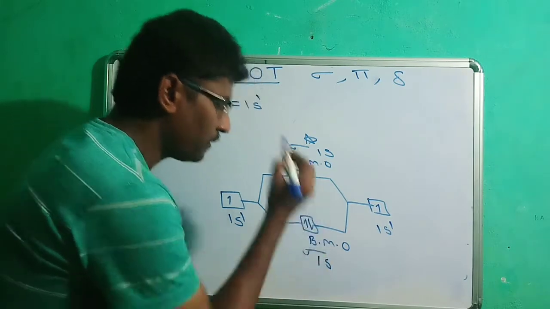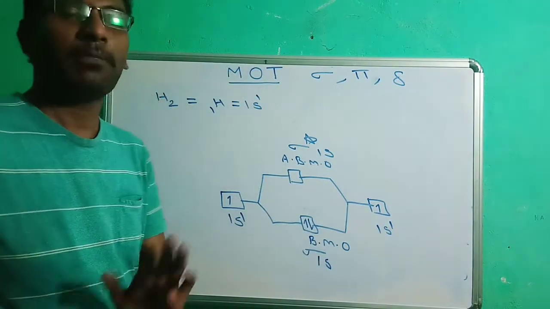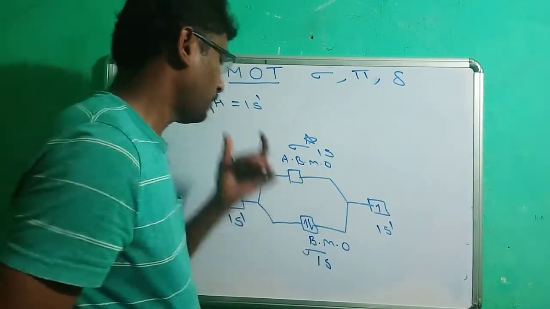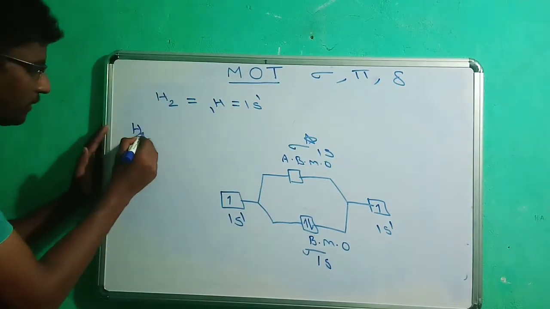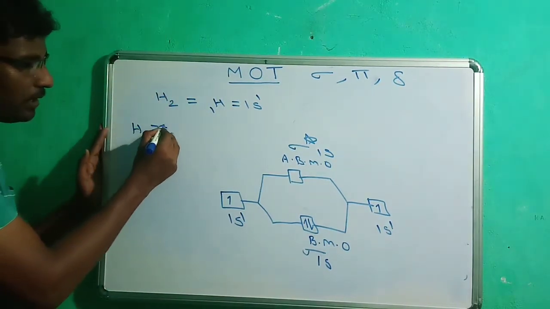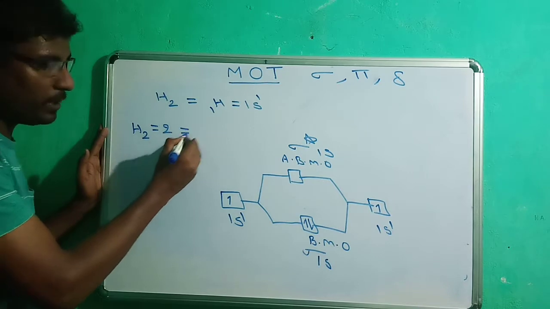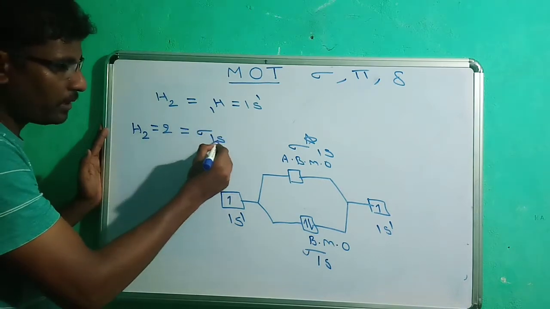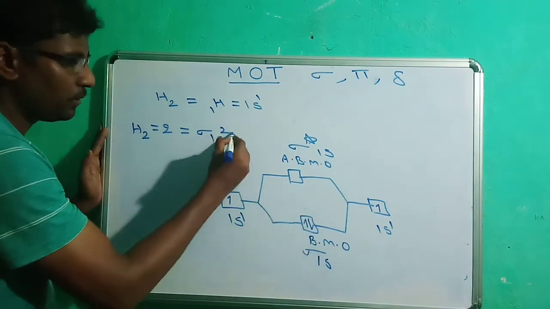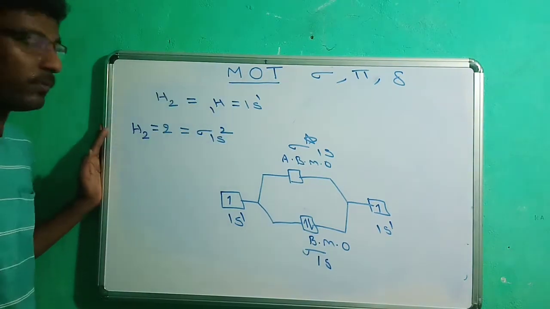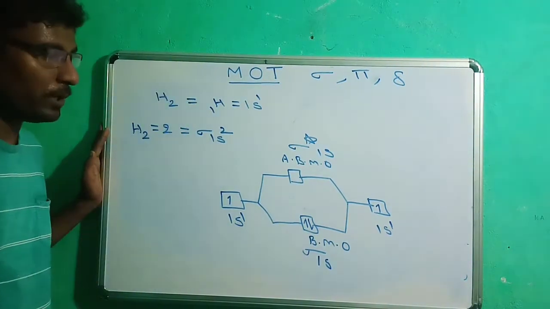So this contains 2 electrons, and this is the anti-bonding molecular orbital. Now the electronic configuration of the H2 molecule, which contains 2 electrons, must be sigma 1s 2. So this is the electronic configuration of the H2 molecule.